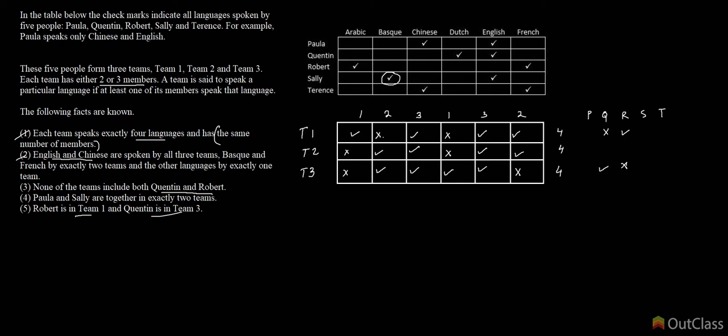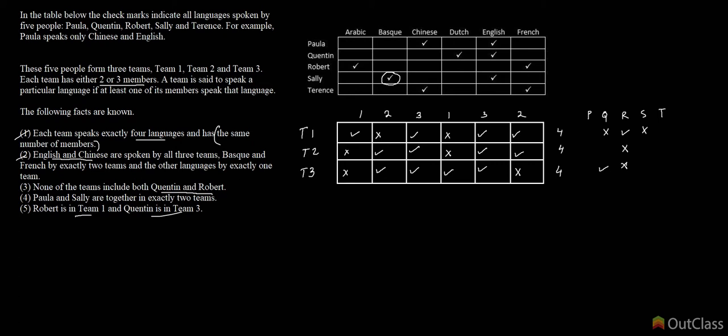So team 1 should not contain Sally. Similarly, if Robert is present, Arabic should be spoken, and Arabic is spoken only by team 1. Team 2 and team 3, which do not speak Arabic, cannot have Robert in it, so Robert is not part of team 2 either.